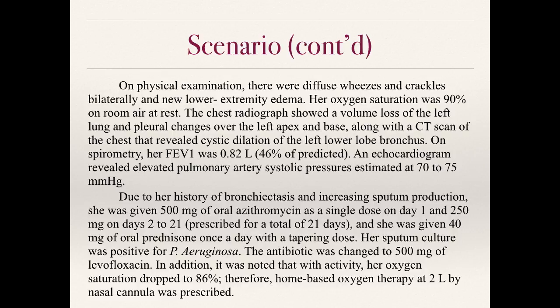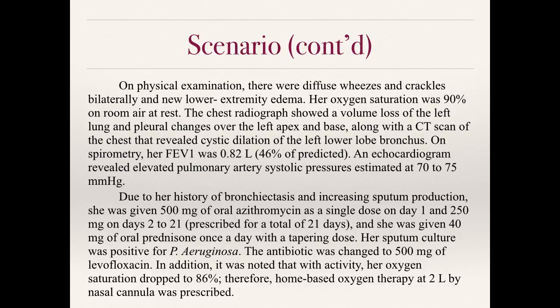Due to her history of bronchiectasis and increasing sputum production, she was given 500 milligrams of oral azithromycin as a single dose on day 1 and 250 milligrams on days 2 to 21, prescribed for a total of 21 days. She was also given 40 milligrams of oral prednisone once a day with a tapering dose.